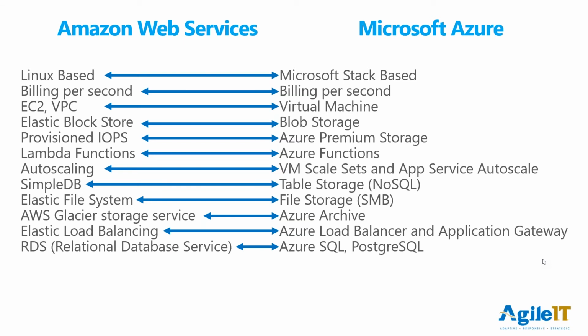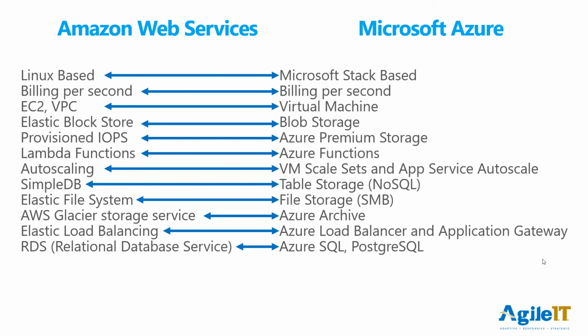Continuing on, billing per second. Yep, they both bill the same way. It's pay as you go for what you use, on per second granularity. Amazon AWS uses the term EC2 for Elastic Compute Cloud.